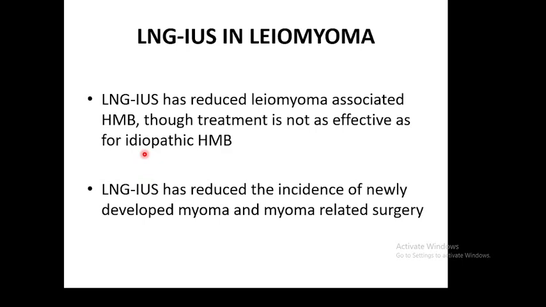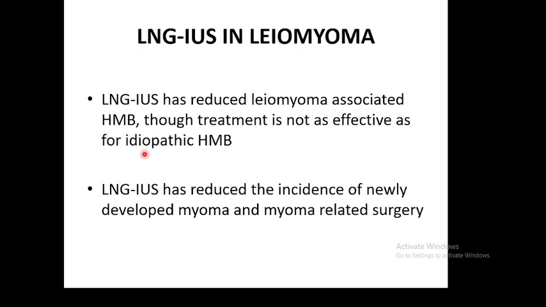LNG is not that much effective as in functional or idiopathic AUB, but there's a place for LNG-IUS, especially when there is no cavity distortion or minimal endometrial cavity distortion by the fibroid. Then there's a place for LNG-IUS for fibroid associated AUB.